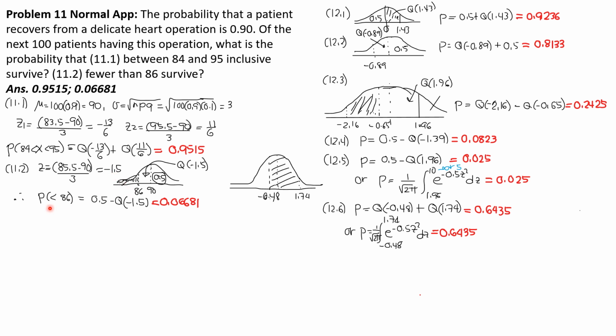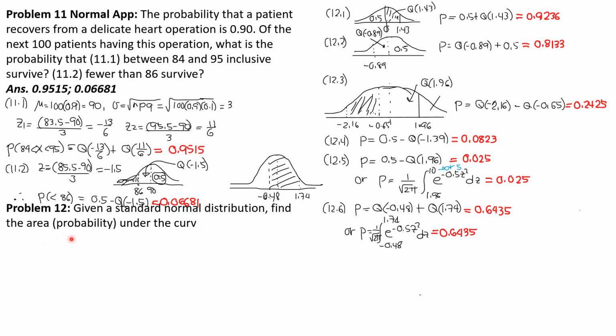So the probability that it is less than 86 is the area here, which is 0.5, because half of the area is 0.5, then this is represented by Q(-1.5). So it should be 0.5 minus Q(-1.5). And using your calculator, it is 0.06681.